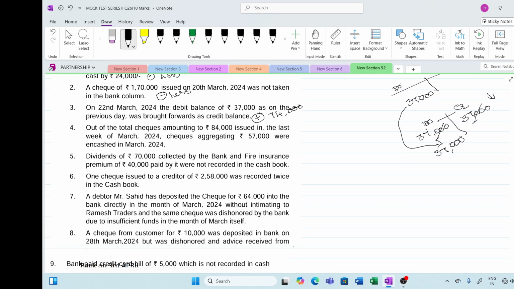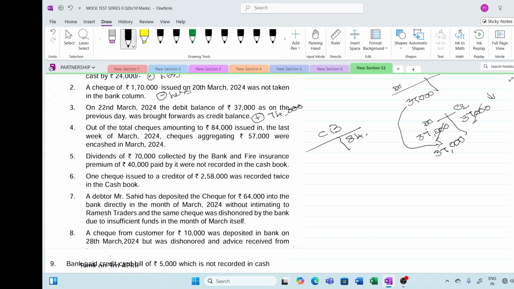Of the total checks amounting to 84,000, 57,000 were encashed. Encashed means the payment was made. So only 27,000 payment is not yet made. The moment you issue a check, in your cash book you would have written 84,000.